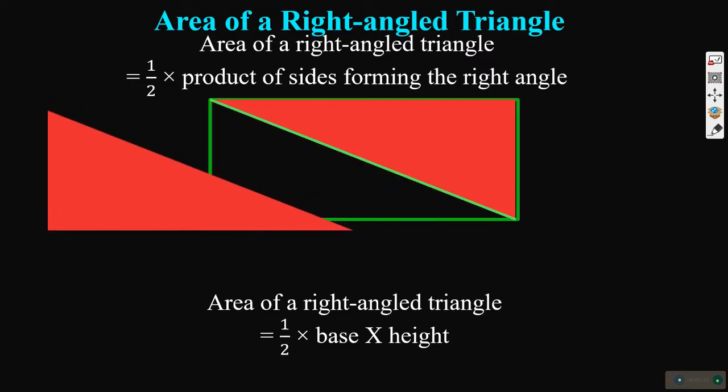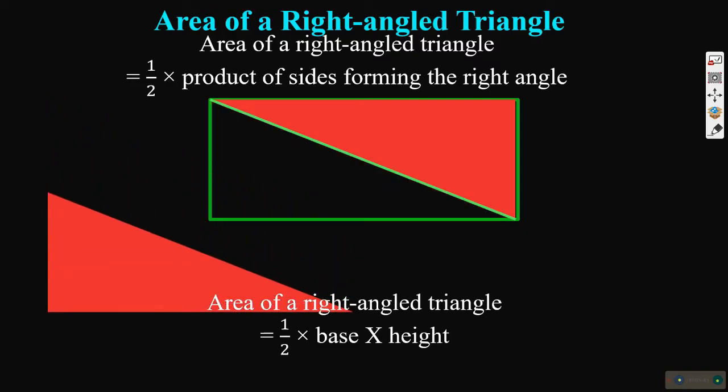And if we separate out this right angled triangle and look at it alone, we cannot say length into breadth. We already said the product of the sides. This is one side, this is another side. So instead of saying that, we can say this is the base of the right angled triangle and this is the height of the right angled triangle.